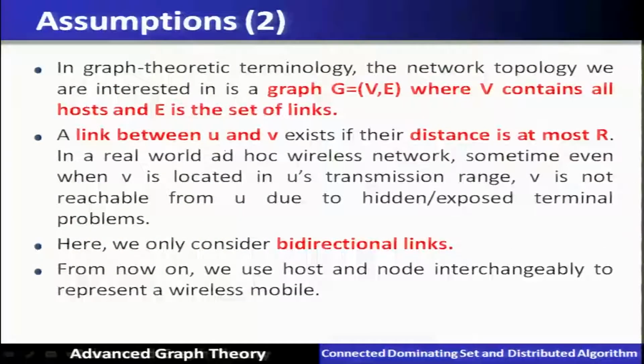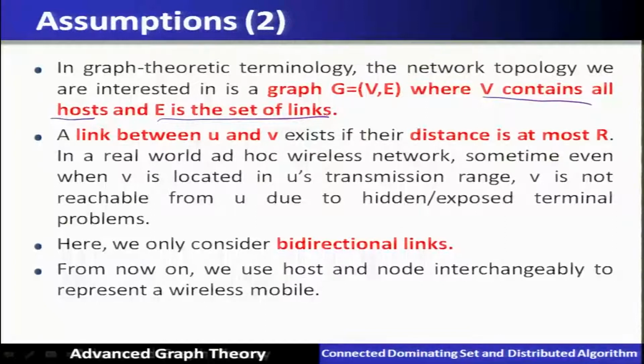Now in graph theoretic terminology, the network topology we will assume is a graph G = (V, E), where V is the set of all hosts and E consists of the transmission links, or when they are able to communicate with each other.